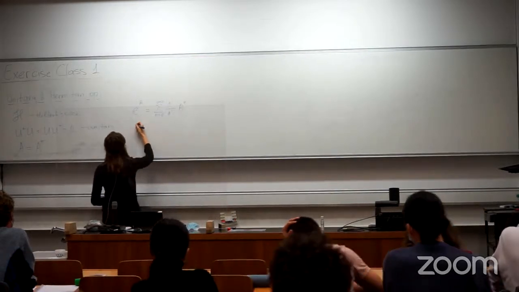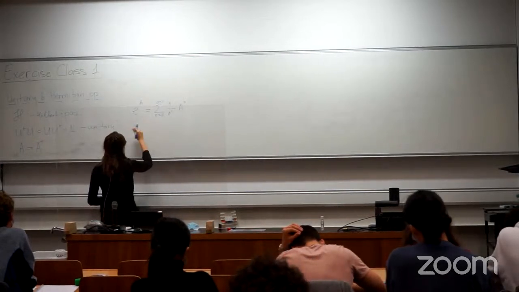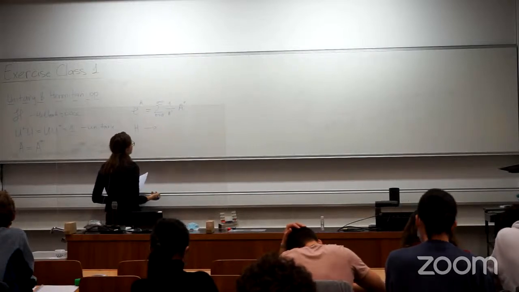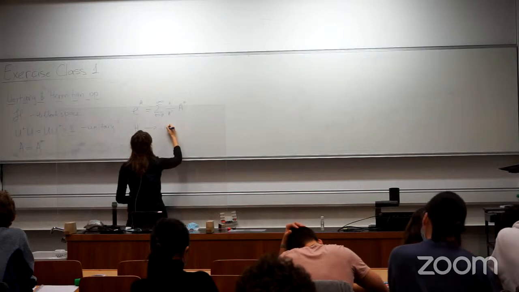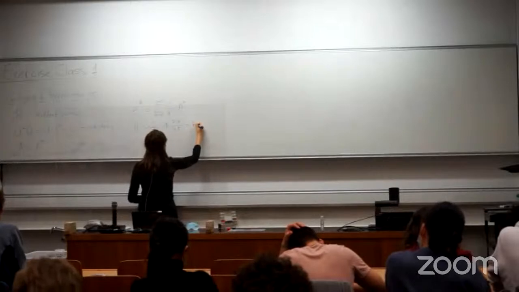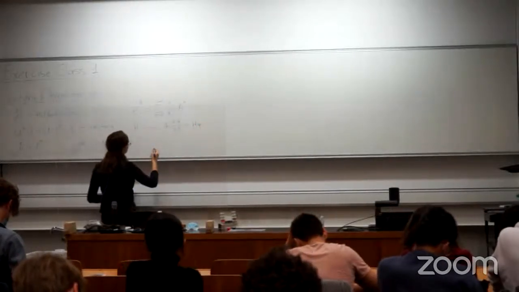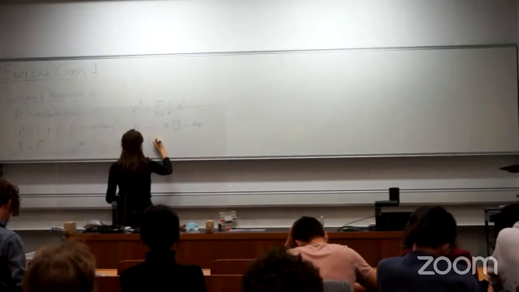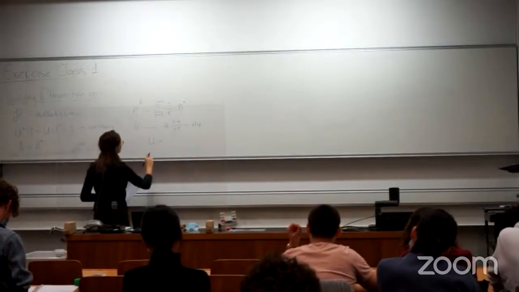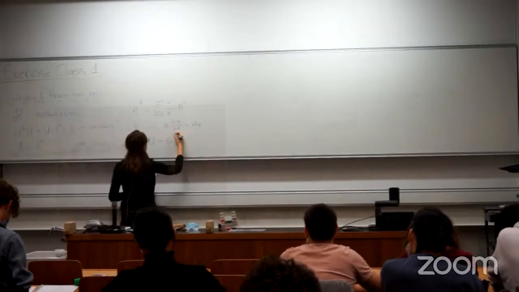If we have a system described by Hamiltonian H, then from solving the Schrödinger equation, which you all must have seen in quantum mechanics courses, we can write that the time evolution that the system undergoes can be written as U equals e to the power minus iHt.